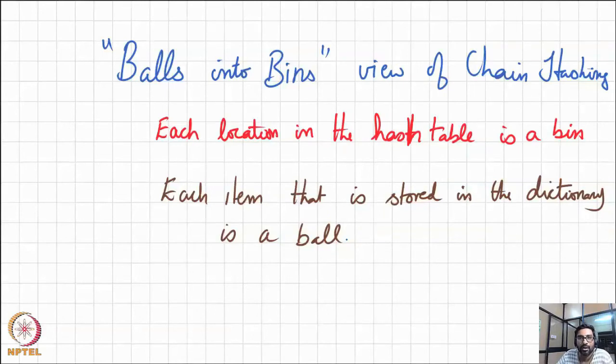This ball is thrown uniformly at random into one of the bins, and that's by virtue of our assumption that the hash function maps an item from the universe into one of the locations within the hash table chosen uniformly at random. To simplify the analysis, we're going to assume that the hash table size, that is n, is chosen to be exactly equal to the number of items that we want to store in the dictionary. In other words, m equals n.